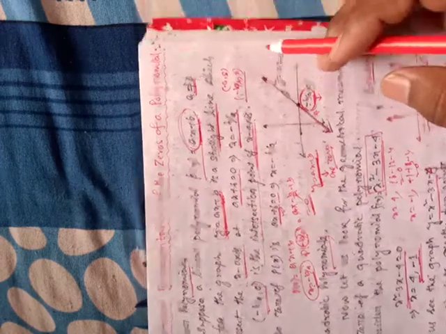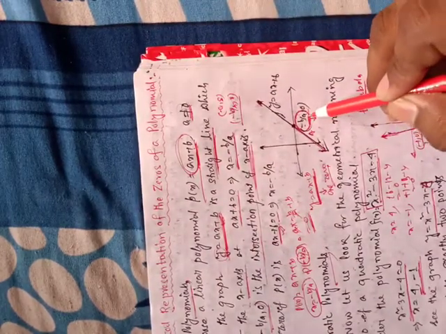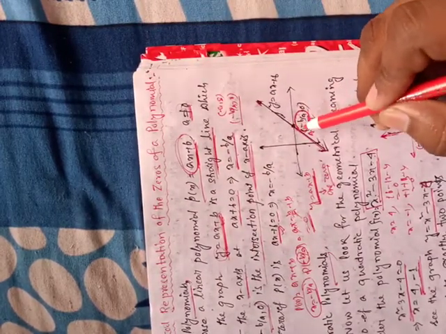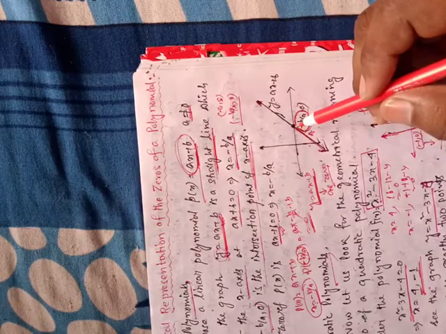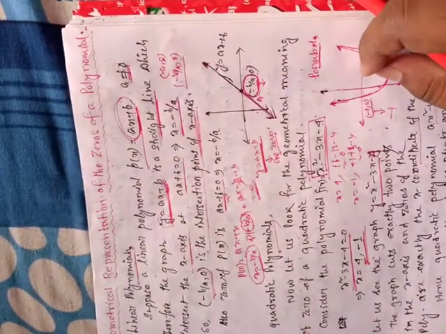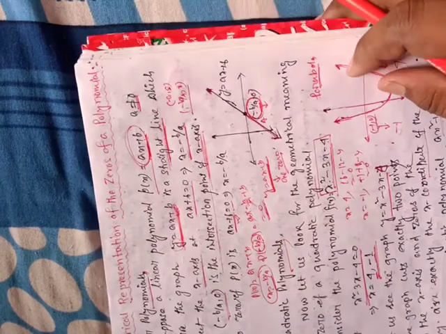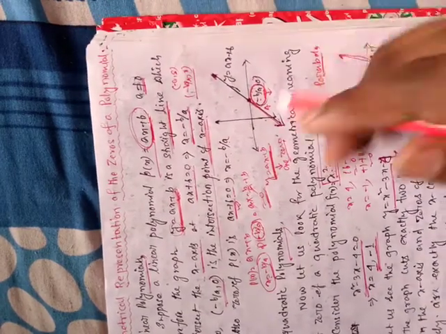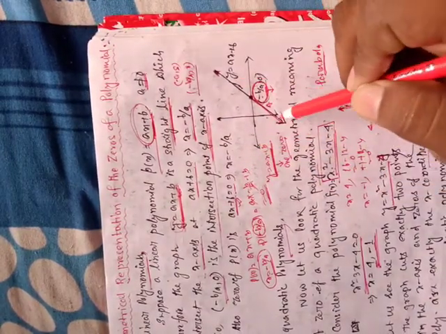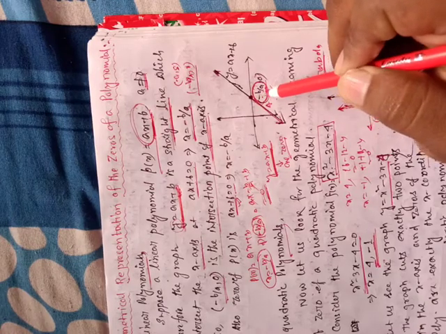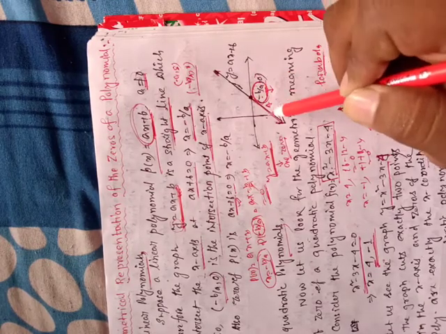Also (minus b by a, 0) is the intersection point of the straight line and the x axis. So what we see here is that the zero of this polynomial is the x coordinate of the intersection point of this straight line.